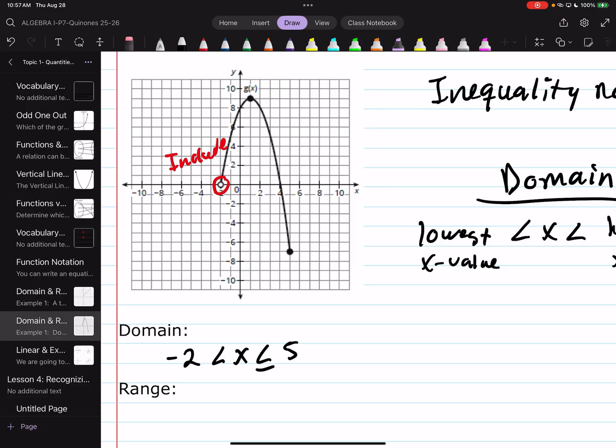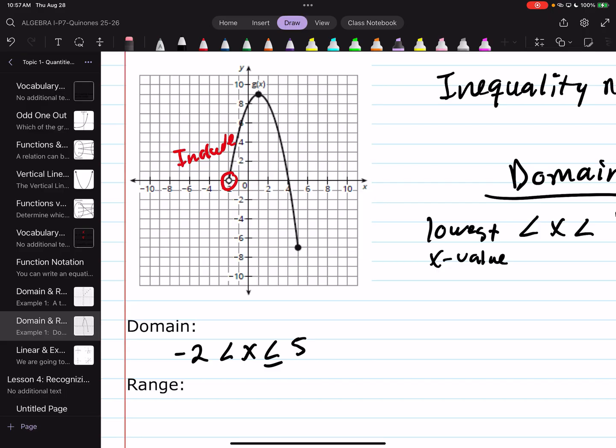Where did the 5 come from? Great question. Do you see this point here? That is the farthest x value in our domain. What's the coordinate for this? 5, -7. But we're looking for the domain, right? Domain is what values? Our x values.